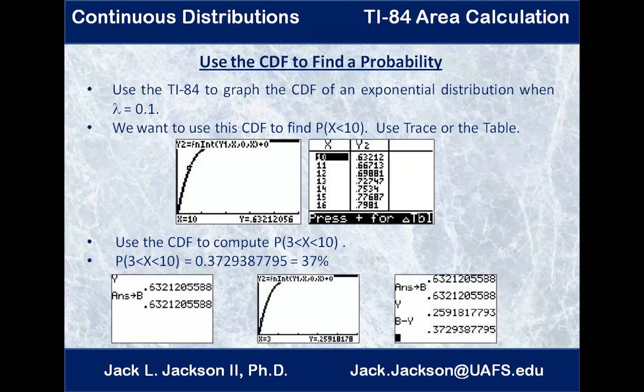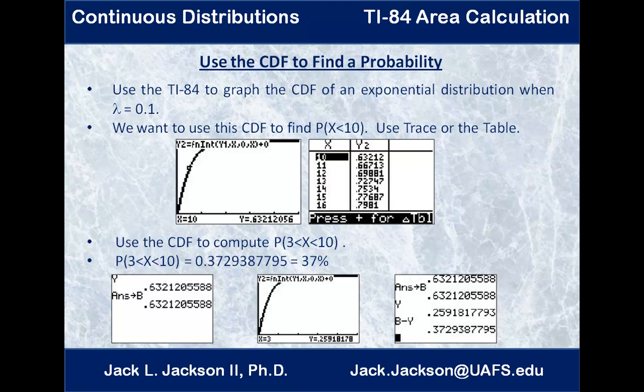In either case, that means that the probability that x is less than 10 is 0.63. So notice that this means in this case that, remember, 10 was the mean, and so the mean is actually to the right of the median, because the median is going to be when the cumulative probability is a half. And here the cumulative probability is about 63%, so that's a little bit bigger than the median.